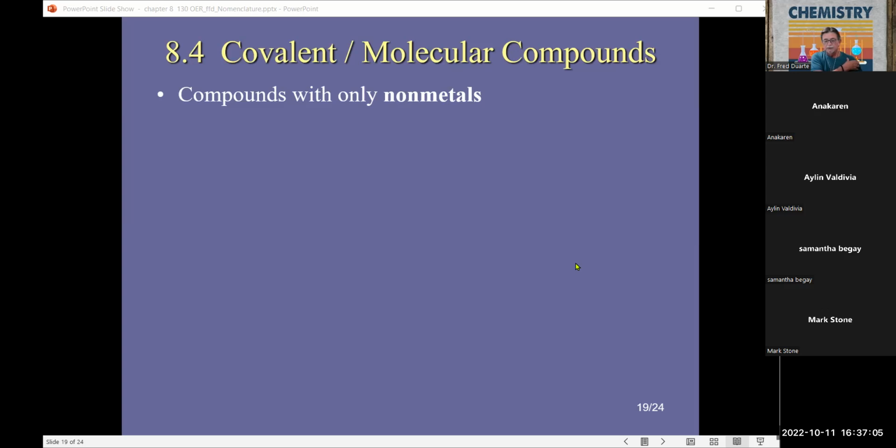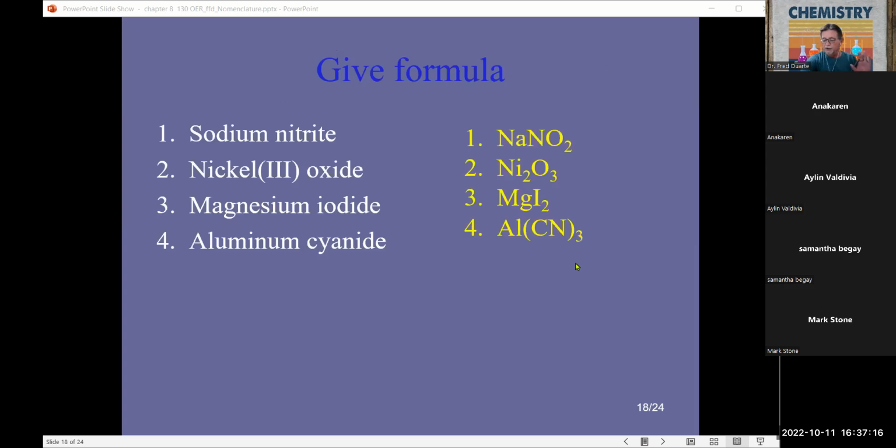Now, remember that these are non-metal combinations, okay? With ionic compounds, I want you to keep this in mind because it's related to the chapter that we're going to be doing next.